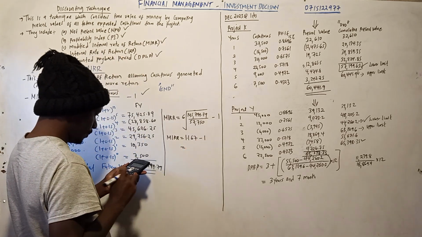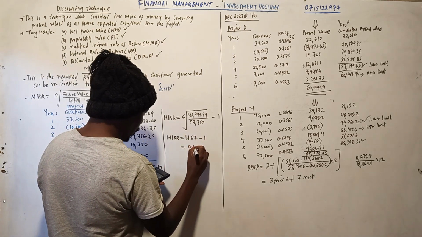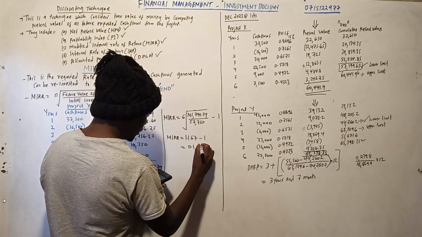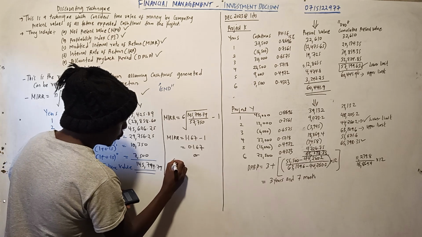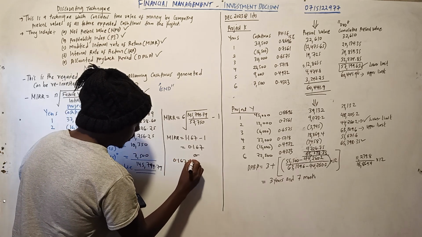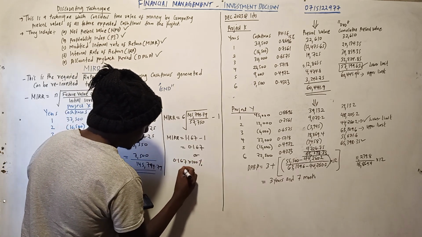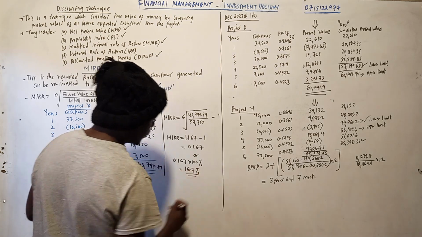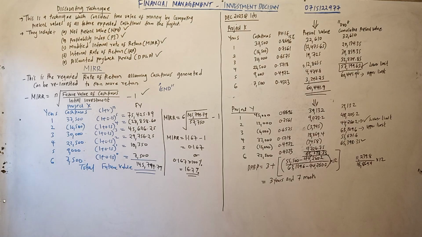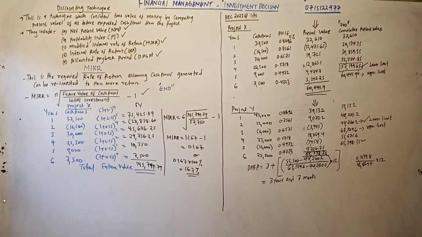Minus 1, which is 0.167, or you multiply by 100%, which is around 16.7%.